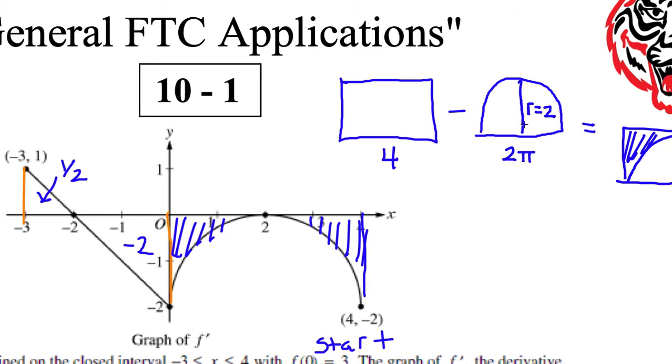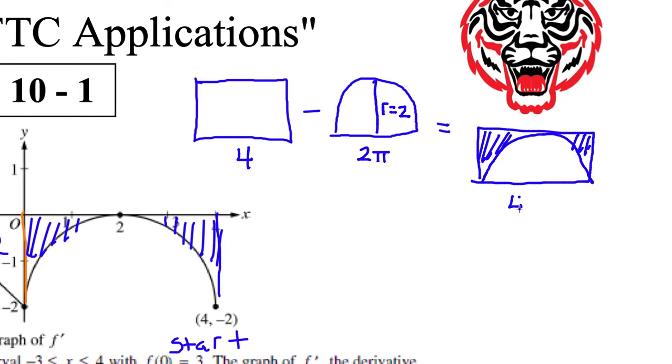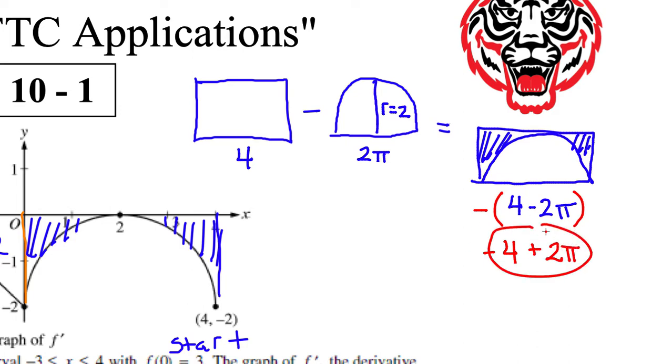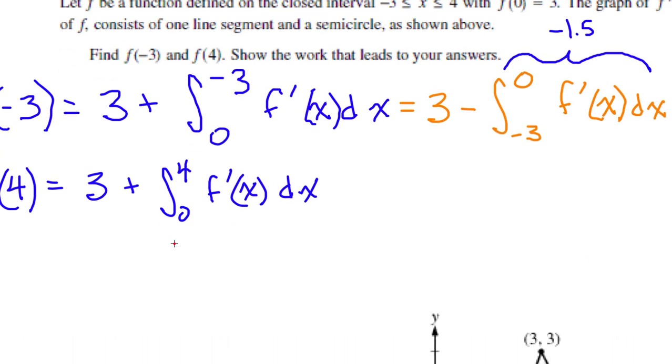So the area of that semicircle is 2 pi, so 4 minus 2 pi. But remember, that is the area, but it is negative because it is below the x-axis, so let's distribute the negative right now. That's going to be -4 plus 2 pi is the actual area that I'm looking for.